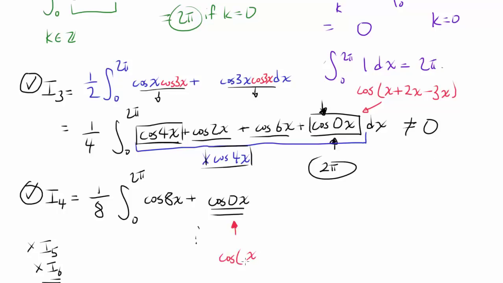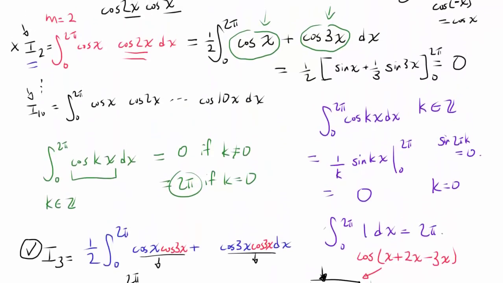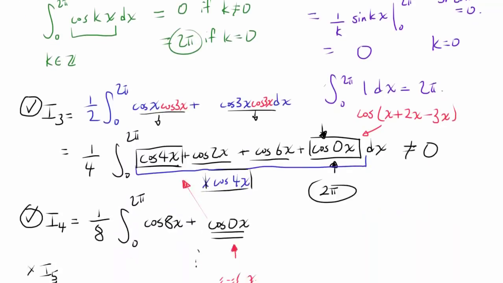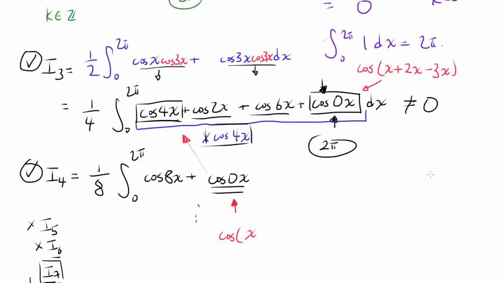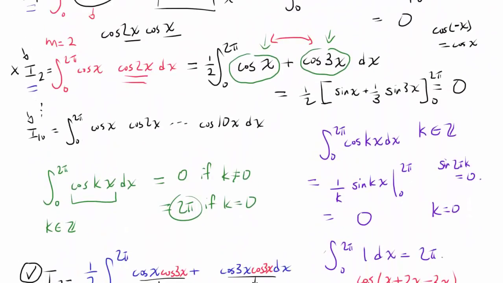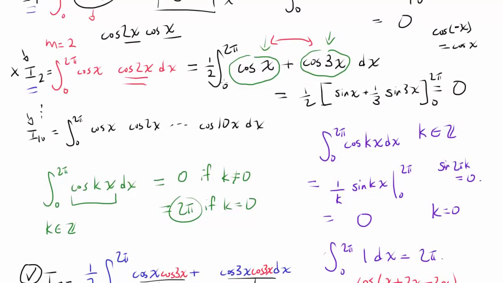So now let's look at this cosine of 0x and see how it changed from cosine of x. Let's make sure we know where this cosine of 0 came from. We got it from cosine of 4x right here, and cosine of 4x came about when we multiplied cosine of 3x to cosine of x right here. So we used to have cosine of x, and we changed that, and we subtracted 2x. You can think of cosine of x as being cosine of x minus 2x, because cosine of negative x is equal to cosine of x.